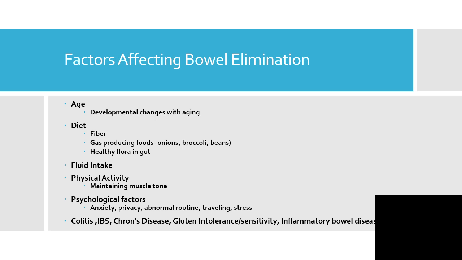Also, psychological factors: anxiety and privacy. You're out of your abnormal routine. Maybe people or yourself have experienced when traveling, just in a different environment, and that adds added stress to get out of your bowel routine. And other diseases like colitis, IBS, Crohn's disease, gluten intolerance or sensitivity, and inflammatory bowel disease. These are all factors affecting bowel elimination.